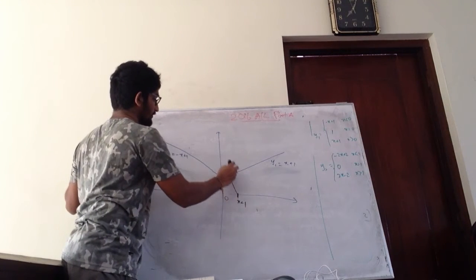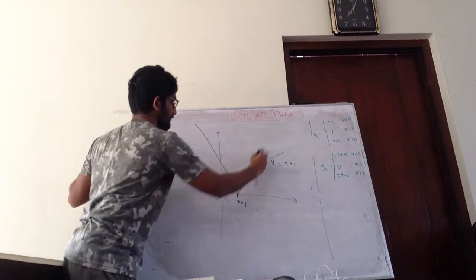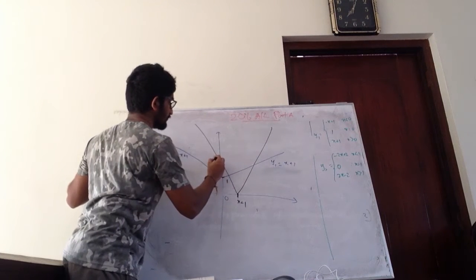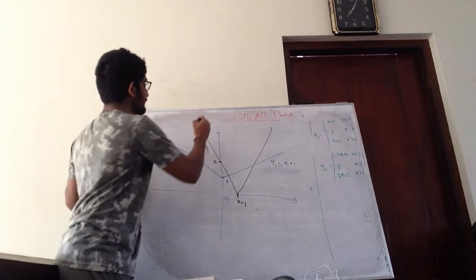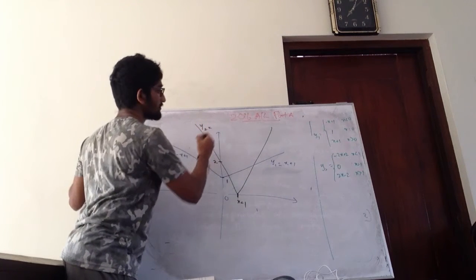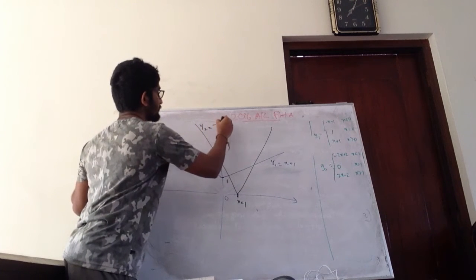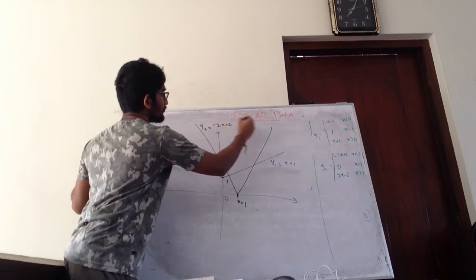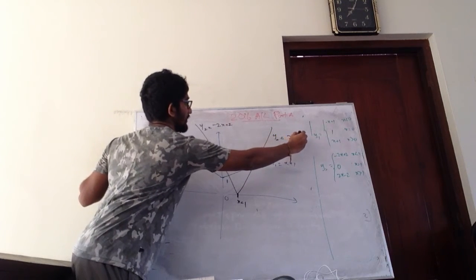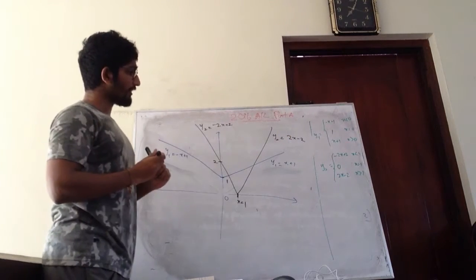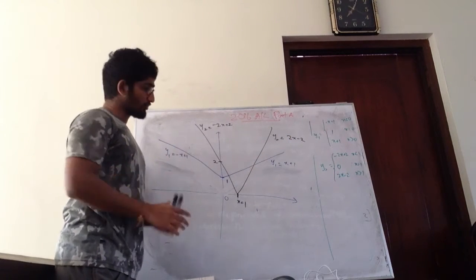And this will go like this. This is 2. Correct, no? This is y2. This is y2 equals minus 2x plus 2. This is y2 equals 2x minus 2. Right, no? Okay, so that is that.